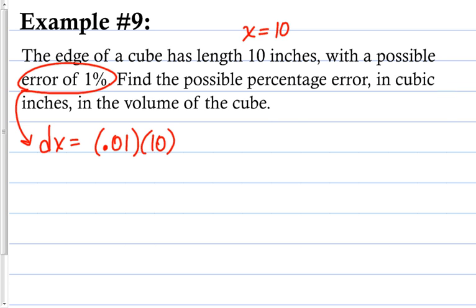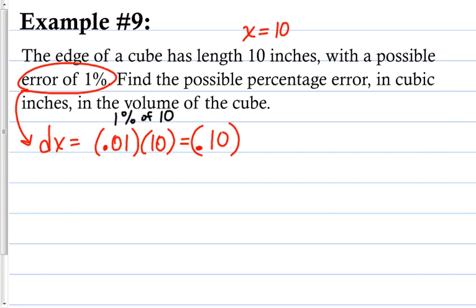I'll write it: this is 1% of 10. So this gets me 0.10, however you want to write it. Okay, so that's dx.